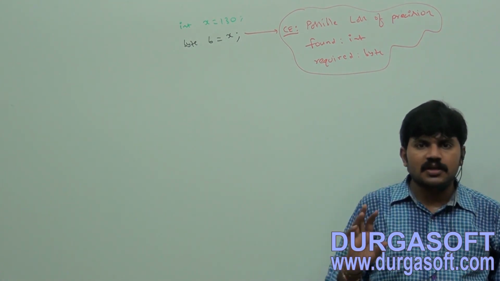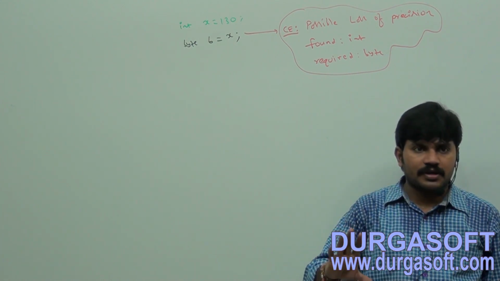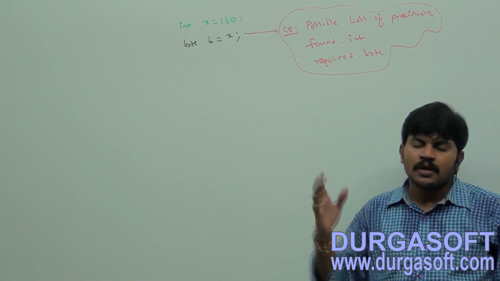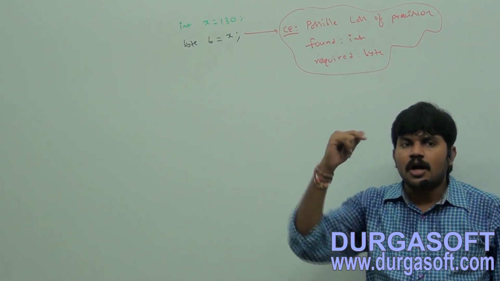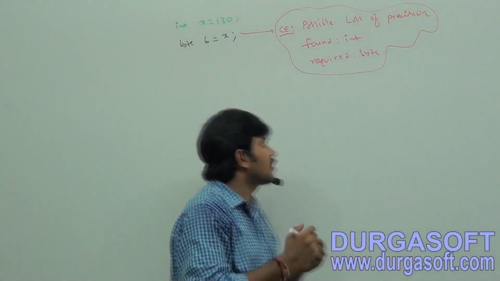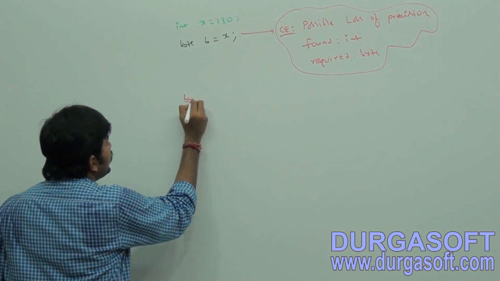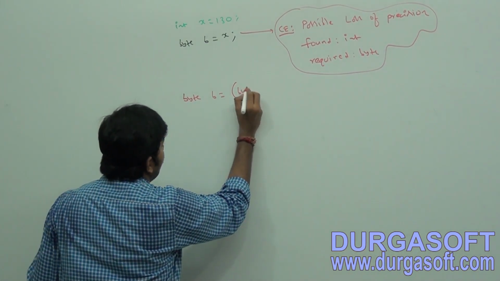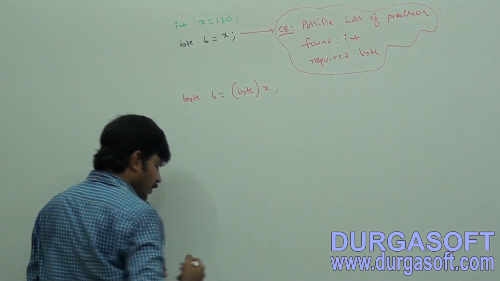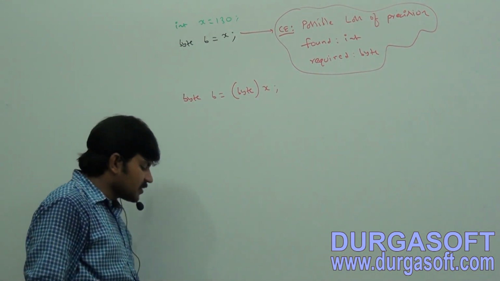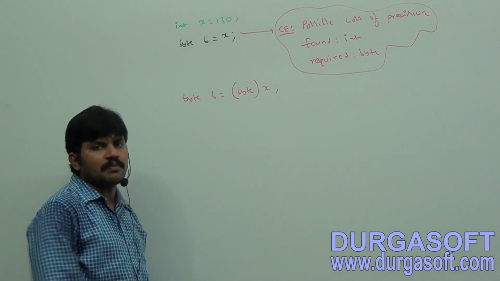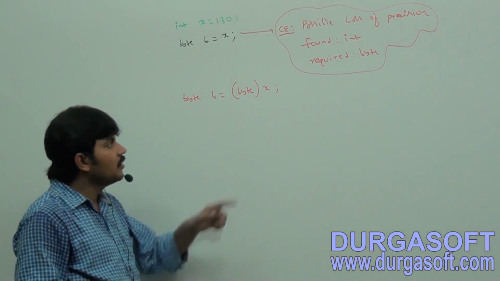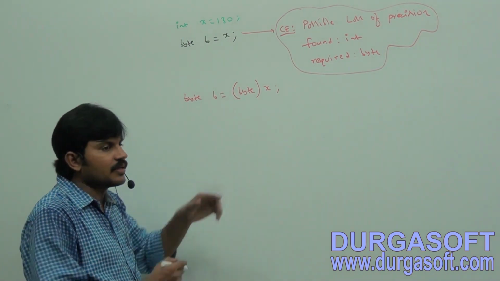Because I have 3+ years of experience. Within brackets, not fake. I can handle loss of information, no problem. How can you specify this? It is nothing but byte b is equal to byte of x. Then immediately the compiler is going to feel, if the programmer is going to take care of loss of information, why should I worry?